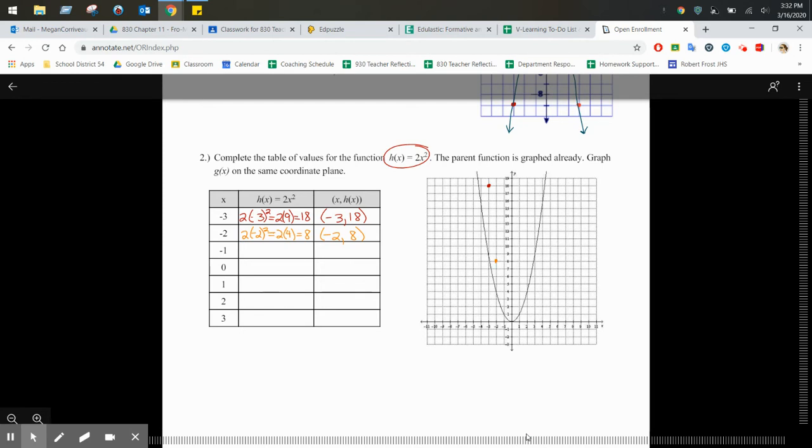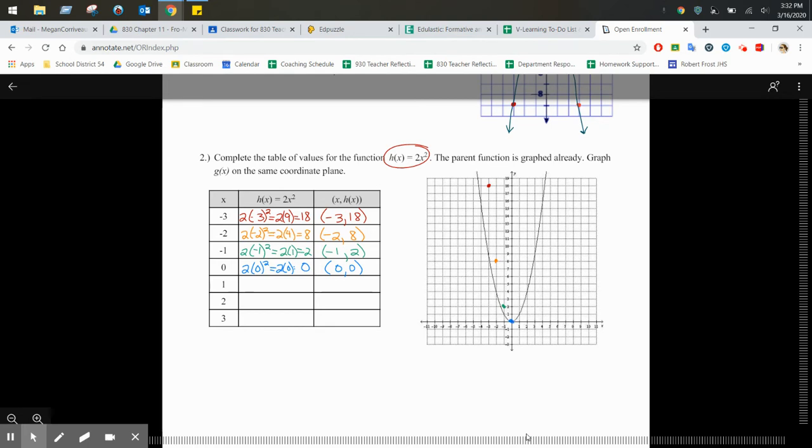And I've got 2 times -1 squared. 2 times 1, which is 2. So I've got a point at negative 1 comma 2. Negative 1, 2. Wow, we're really dropping fast here. Now I've got 2 times 0 squared. 2 times 0 is just 0. So I've got my point at the origin. So again here, my vertex is not moving.